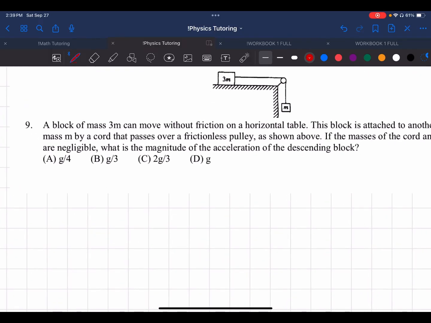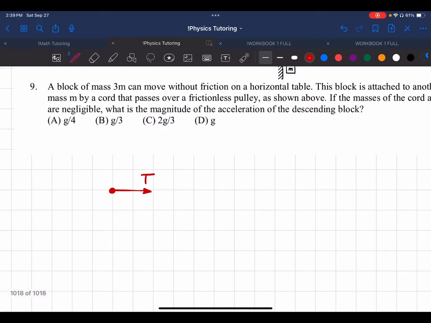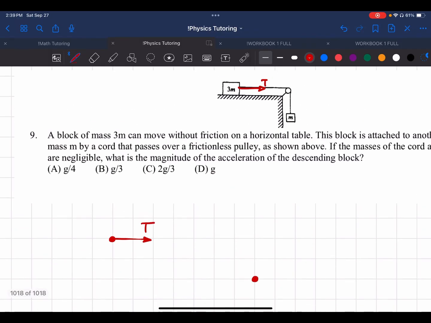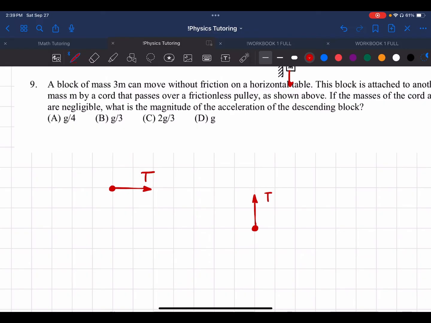For the 3 kilograms, the only force I have is that tension going that way. For the other one, I have tension and FG, which I'll shortcut as MG.